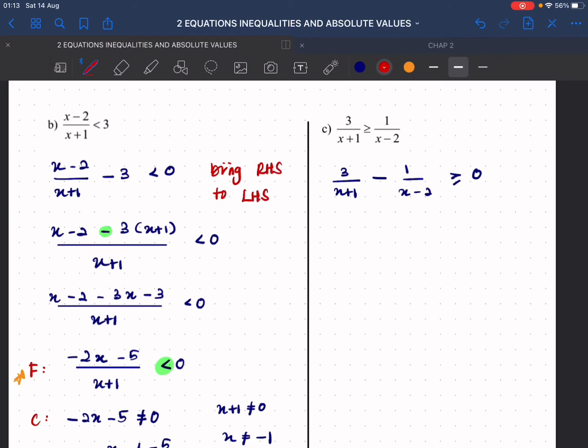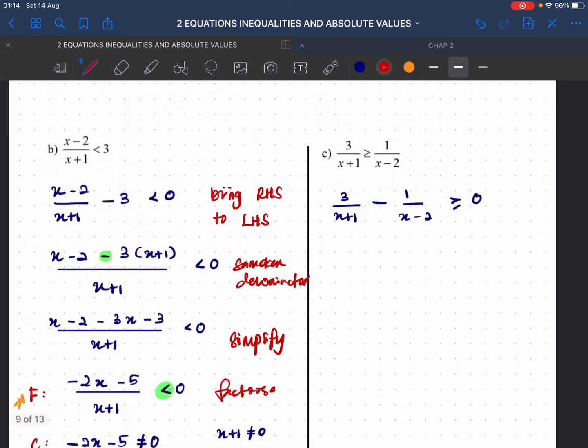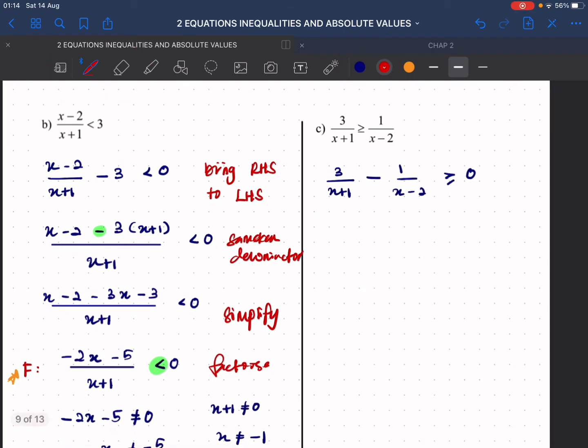Step yang kedua ialah samakan denominator. Step yang ketiga ialah simplify. Okay, semua step yang saya tulis ni ada markahnya. Okay, ini macam biasalah, ini factorize, critical values, table of sign, jawapan kita. Dekat setiap step saya tulis tu ada markah dia. So first step, right hand side to left hand side, settle.